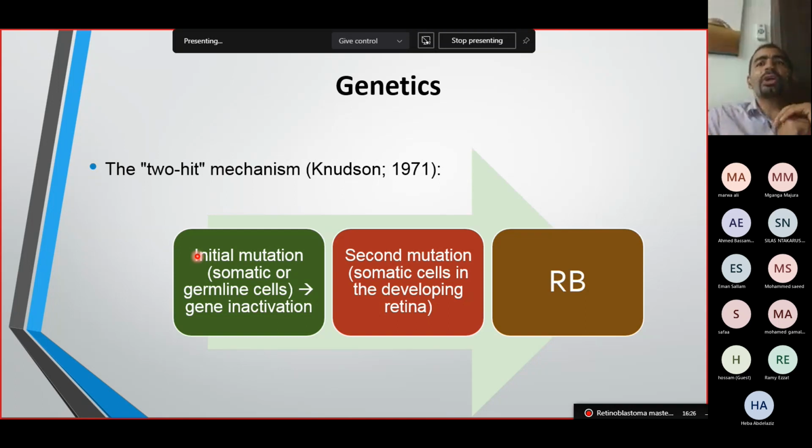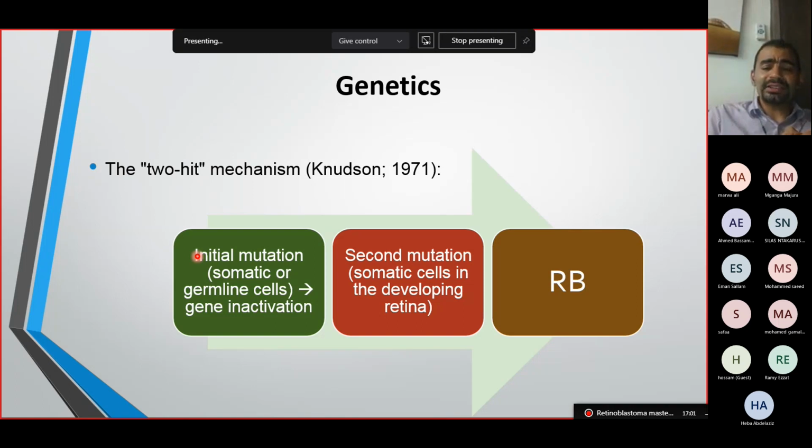It's exactly like when we talk about autosomal recessive and autosomal dominant genetics, when we say that for the autosomal recessive, both genes, inherited from the father and the mother, should be present in order for the character to be expressed. It's exactly the same. We have 2 tumor suppressor genes on the 2 loci of the chromosome, and we need to have suppression of both of those 2 loci.